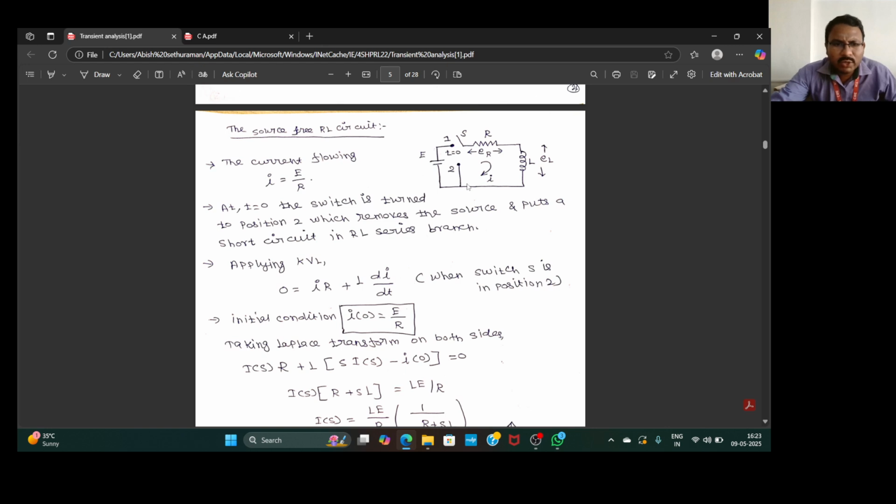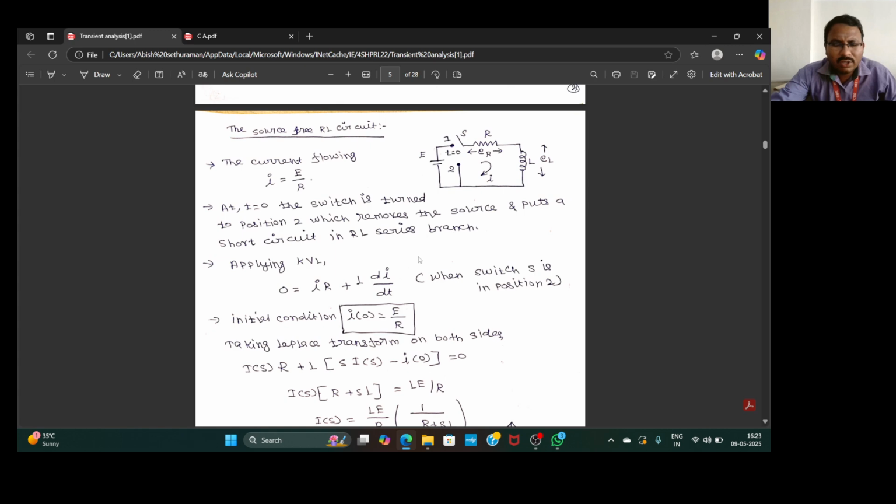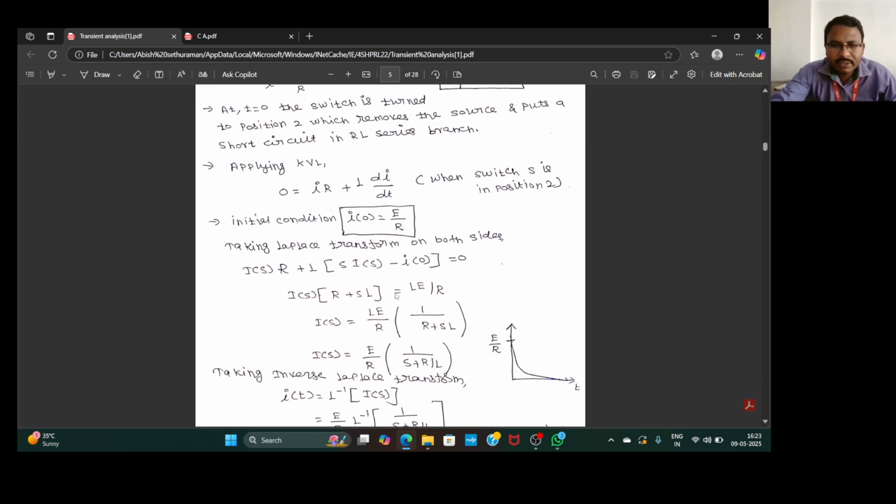Now this is the circuit diagram. We are applying KVL, when switch S is in position 2. At that time, the voltage source is considered as 0. So 0 equal to I into R plus L into di divided by dt.